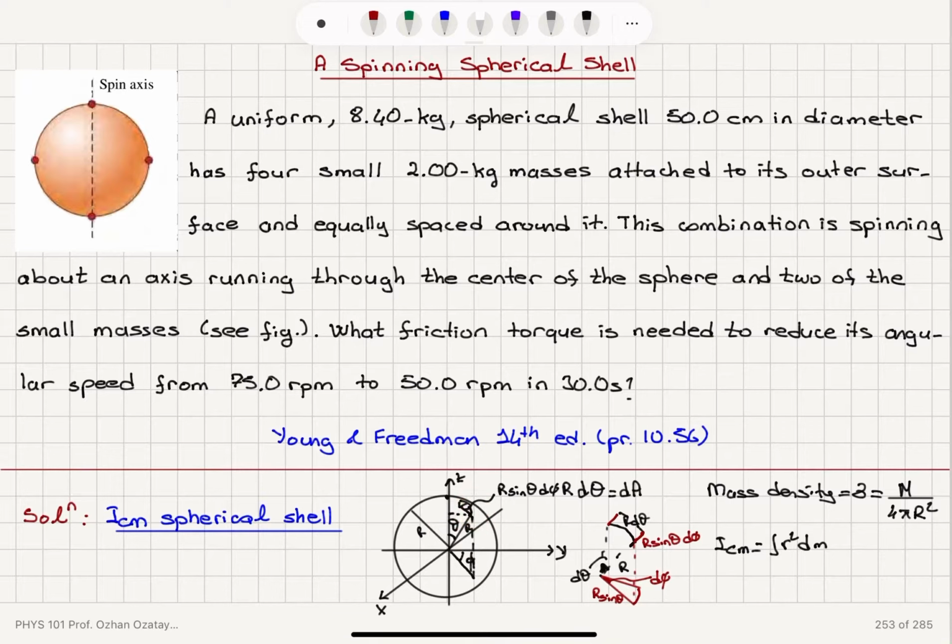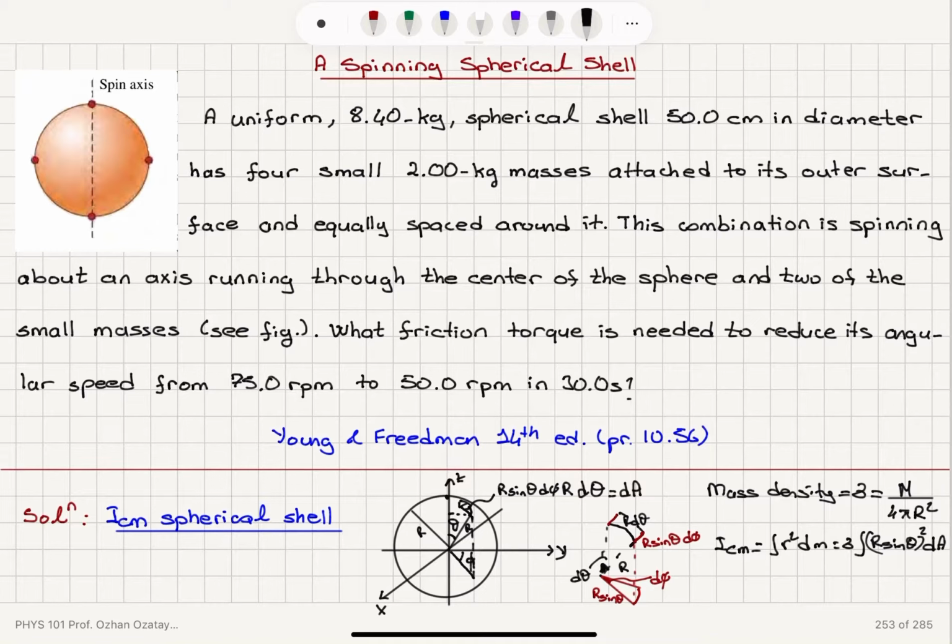That distance would be r sine theta. So I would have moment of inertia equal to sigma times integral of r sine theta squared times dA.